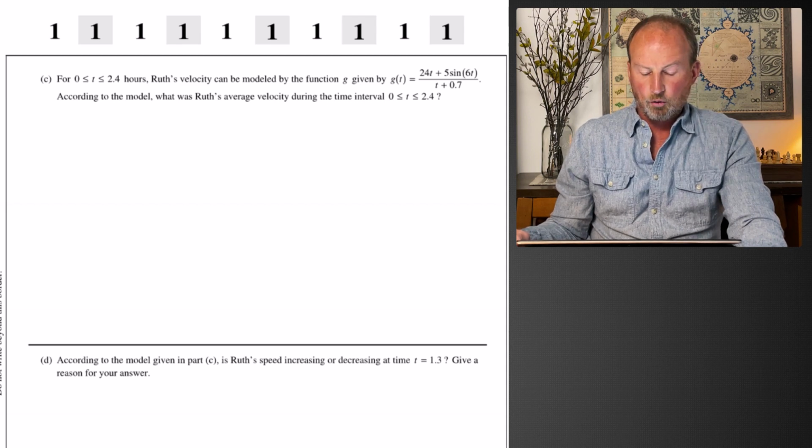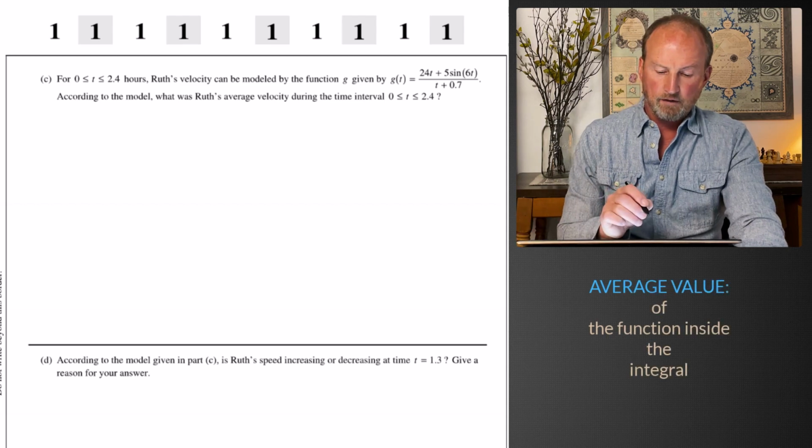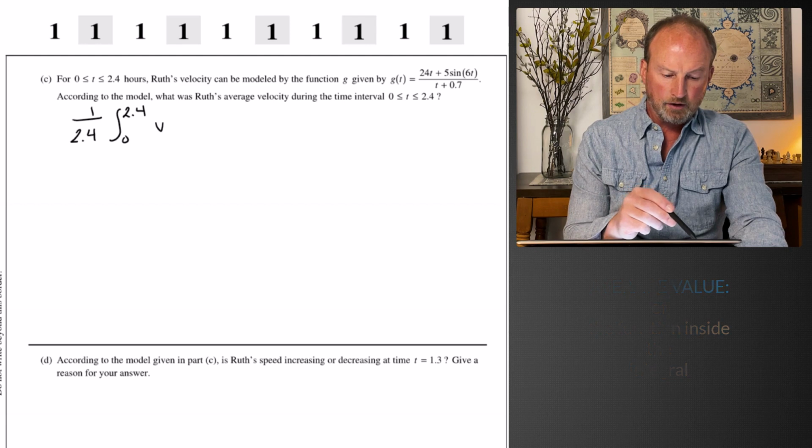Ruth's velocity can be given by that equation, so average velocity would be the average value of that function. Since I know the velocity equation, I'm going to integrate from 0 to 2.4, times 1 over 2.4, of the velocity equation. In this case, it's not v, it's g.